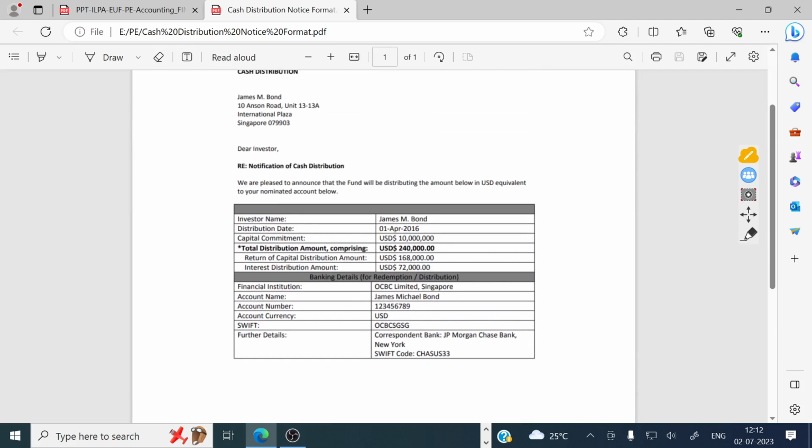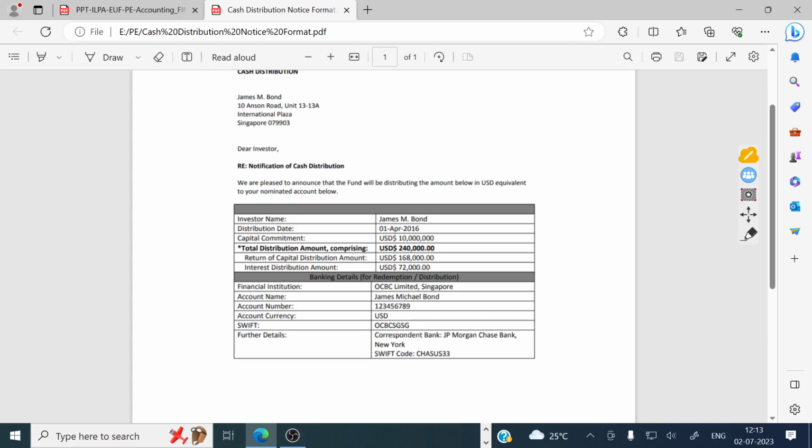Here you see return of capital 1,68,000, interest distribution 72,000, and total distributions 2,40,000, which the fund wants to return to the investor. This might be a callable distribution or callable interest payment, where the fund manager can call it if required, right? We'll discuss why it is called callable and all.